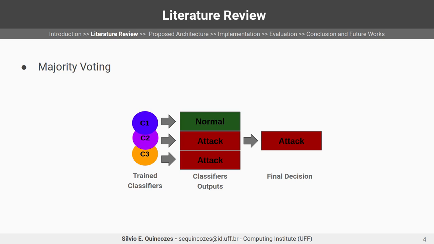We rely on majority voting, so the results of C2 and C3 are taken for the final decision, which is attack, because it is the majority output.